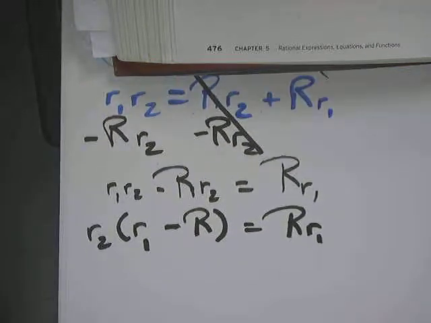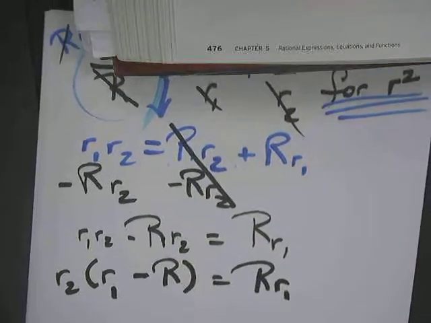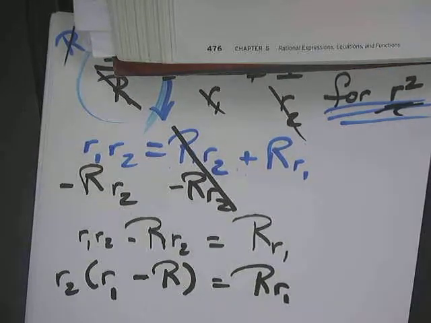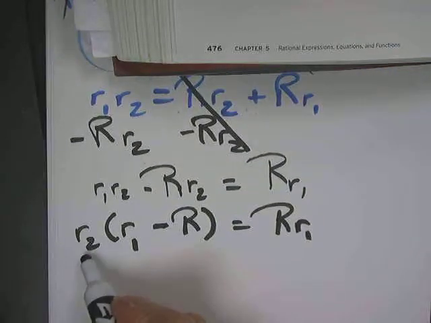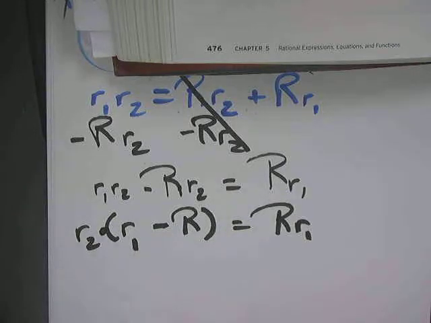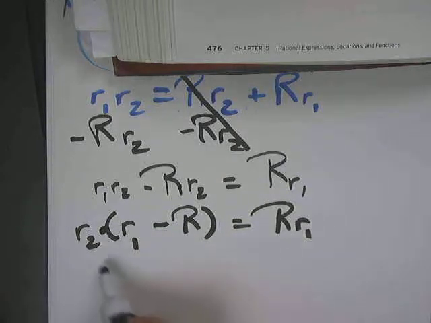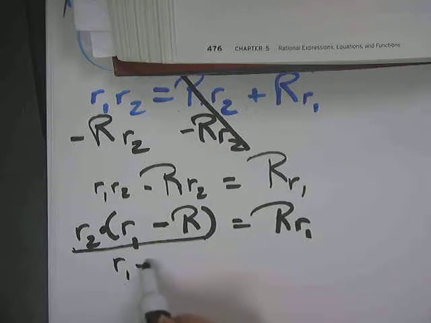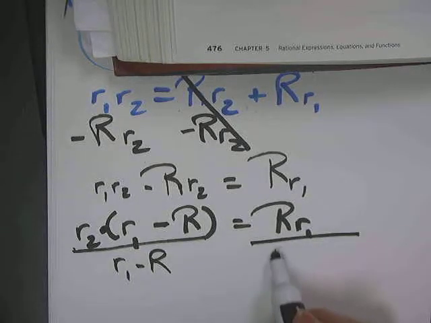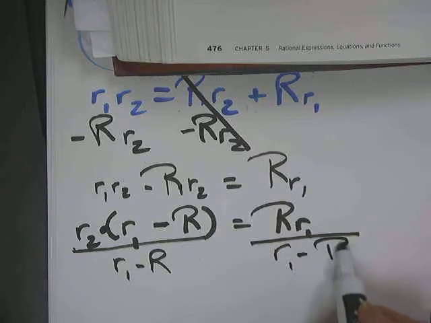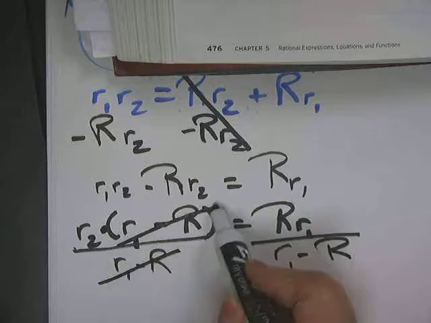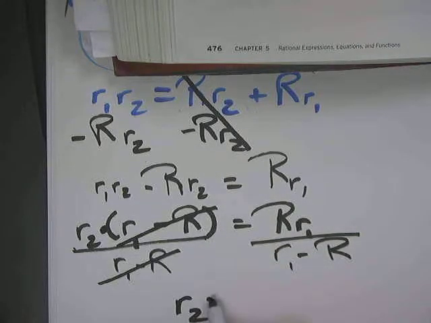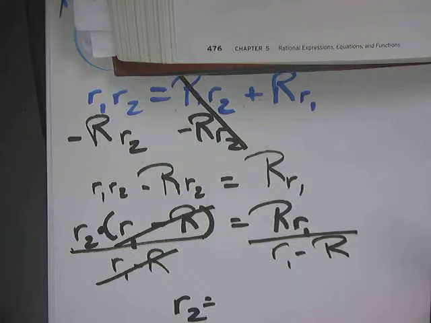Second term, just the capital R, right? We're still solving for R2. To get this by itself, it's multiplied, so what will we do? Opposite of multiply, divide. That's gone.